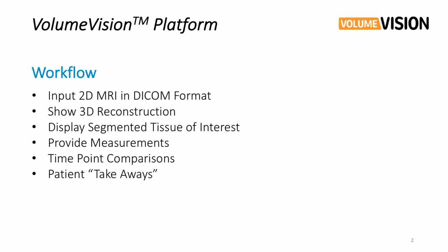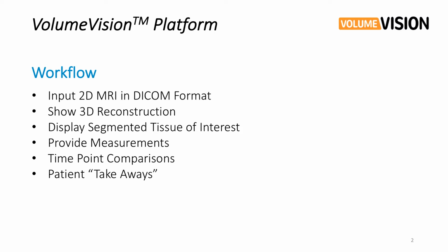Our software platform operates very simply. Standard MRI images are imported into the software in DICOM format. The software then displays these input images as a 3D reconstructed anatomic view.